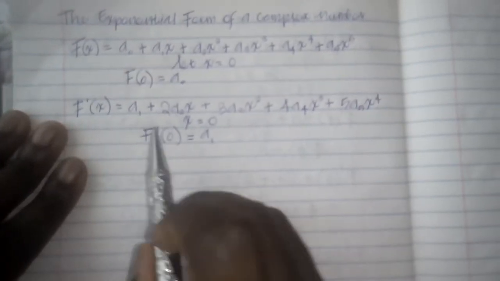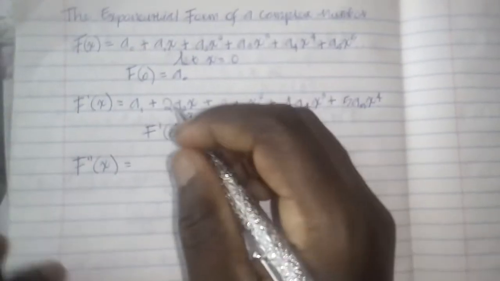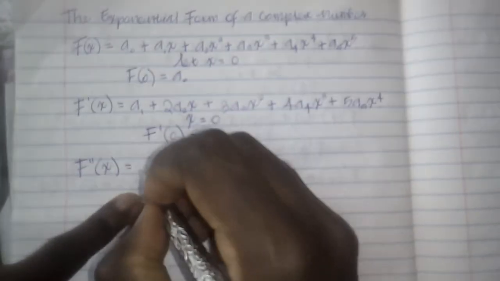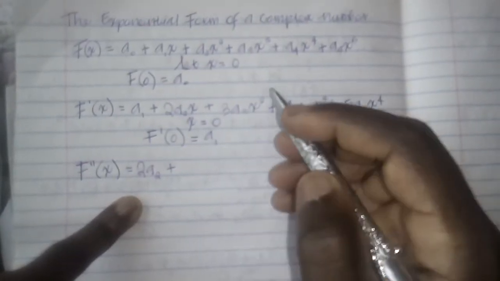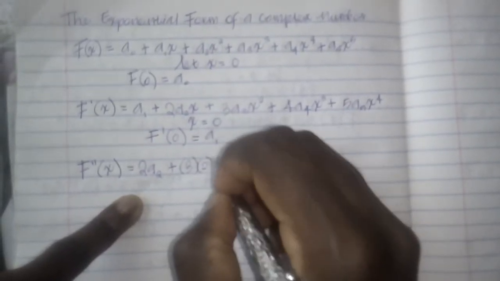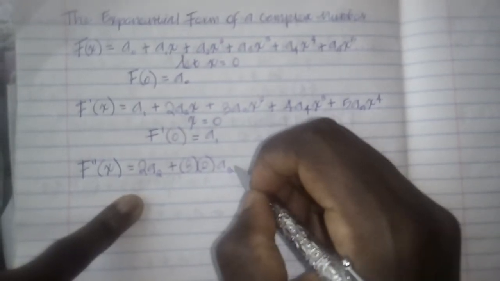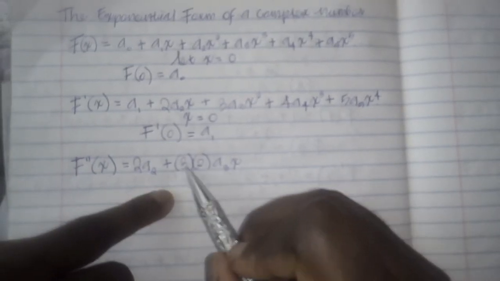Let's carry on. Now we differentiate this equation, so we'll have f prime prime of x being equal to: differentiate a1, you get 0, differentiate this, you'll get 2a2, plus 3 times 2 a3 x. I could have just written 6, but I've written it like this intentionally, and you'll see why in a while.